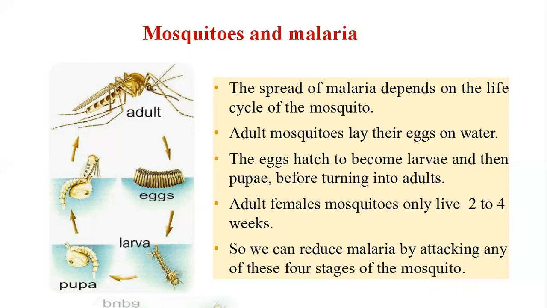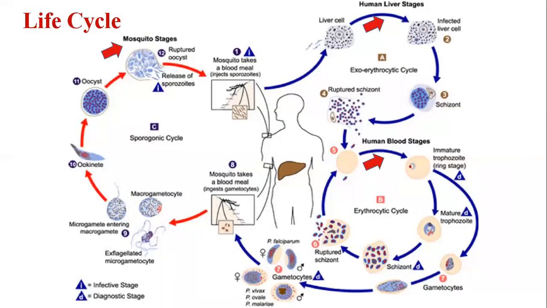Adult female mosquitoes only live for 2 to 4 weeks. They are functioning as a vector, not a causative agent. So we can reduce malaria by attacking one of these four stages of the mosquito life cycle to prevent spreading of this disease.